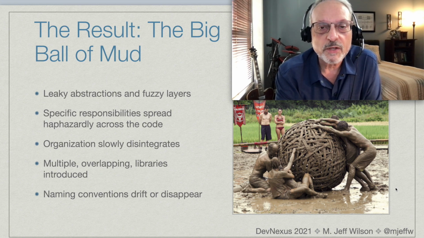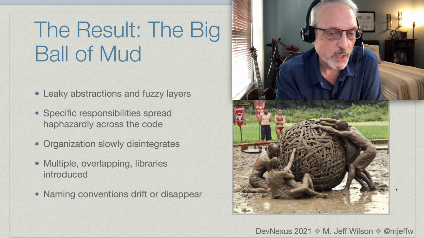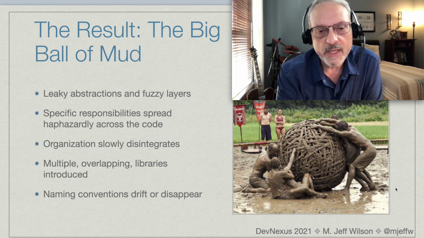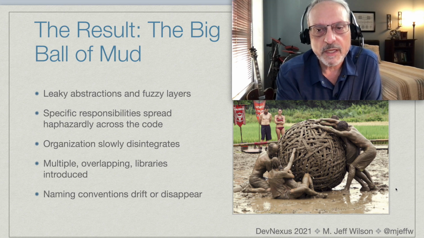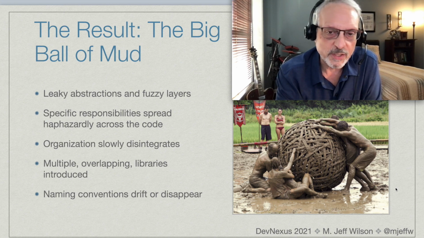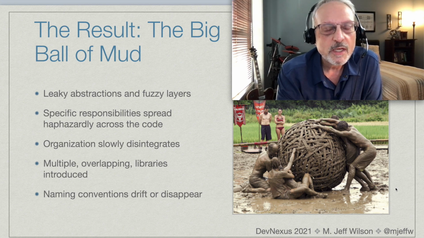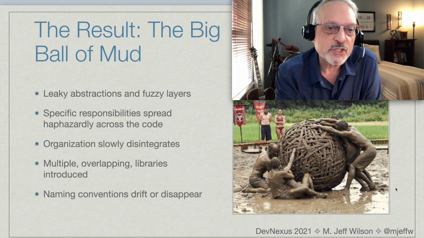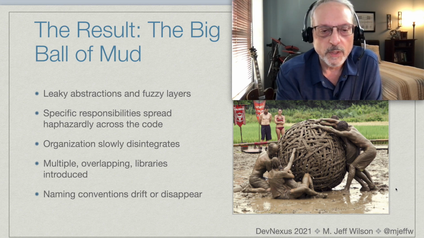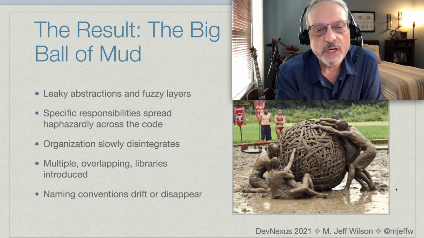Somebody will check in code that doesn't follow an established naming convention, or they don't realize that all of their DTOs are supposed to be in this package, and so they end up adding it in the wrong package. So what happens is over time, the structure of the code gradually erodes. And what started out as, pictured by the lead developers and architects, as being this nice structured layered architecture ends up being the big ball of mud.